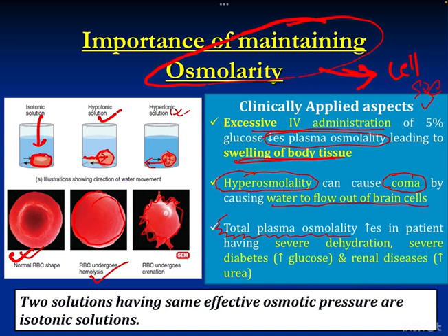Total plasma osmolality increases in patients with severe dehydration, severe diabetes because of the increase in blood glucose, and renal disease because of the increase in urea.